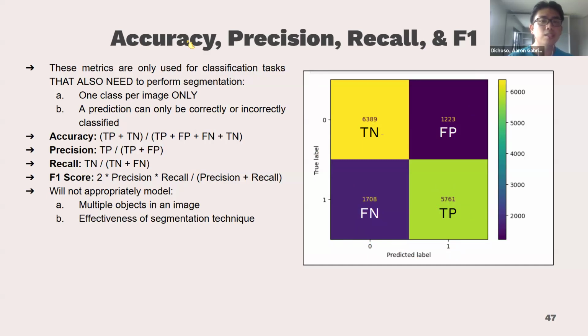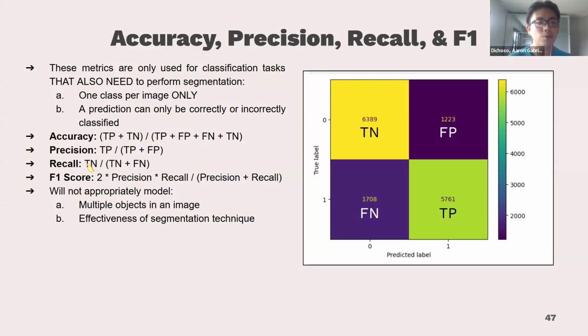And you derive these different metrics, accuracy, precision, recall, using these formulas. You take all of these numbers and then you apply these formulas. Accuracy is just checking how accurate your model is, how many things it got right over everything else. Precision specifically focuses on getting the true positives in the model.